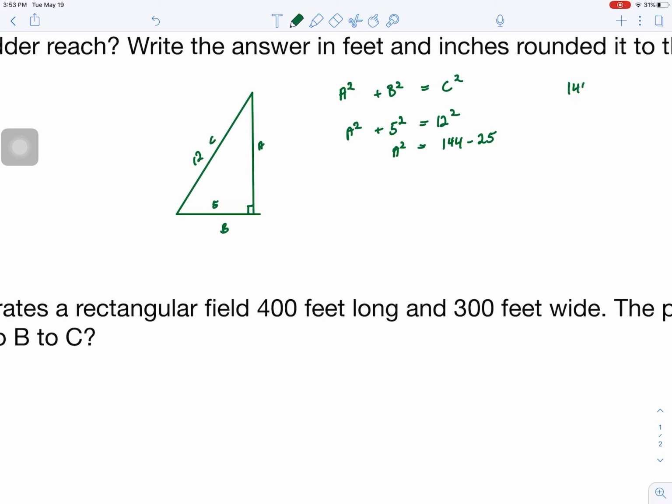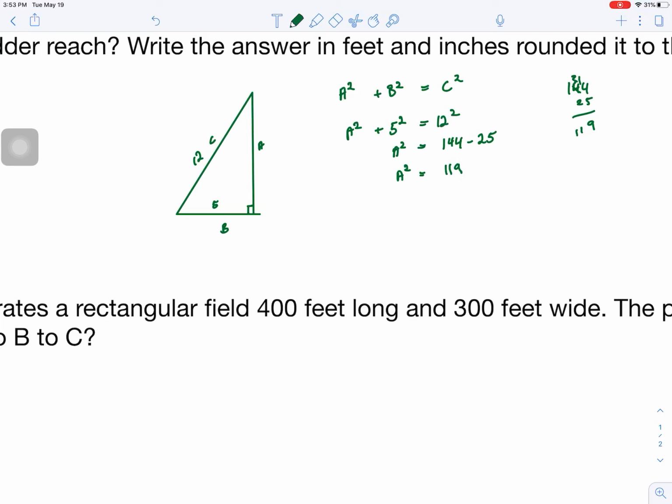We do our math here, 144 subtract 25, and we have 14 subtract 5, which is 9, and then we have 3 subtract 2, which is 1, so we have 119. So A squared equals 119.